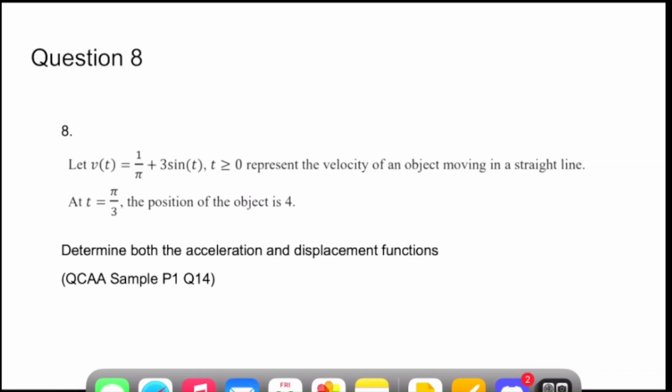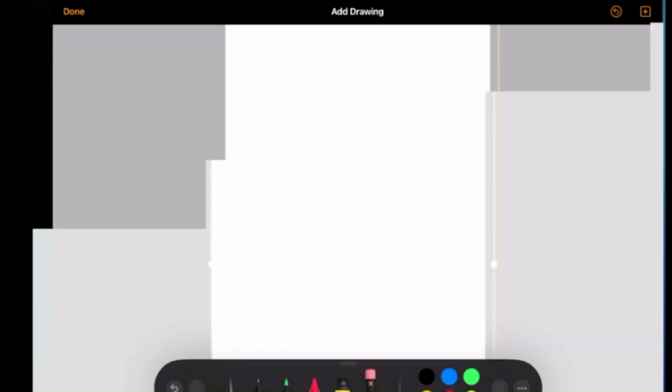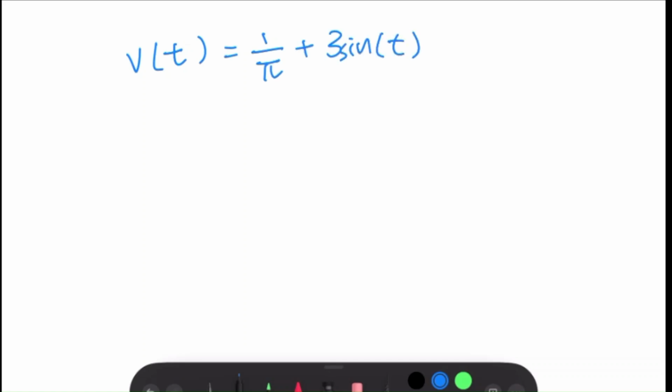All right, we good to go? So if we're given that velocity t is equal to 1 on pi plus 3 sine t, then obviously the displacement function.